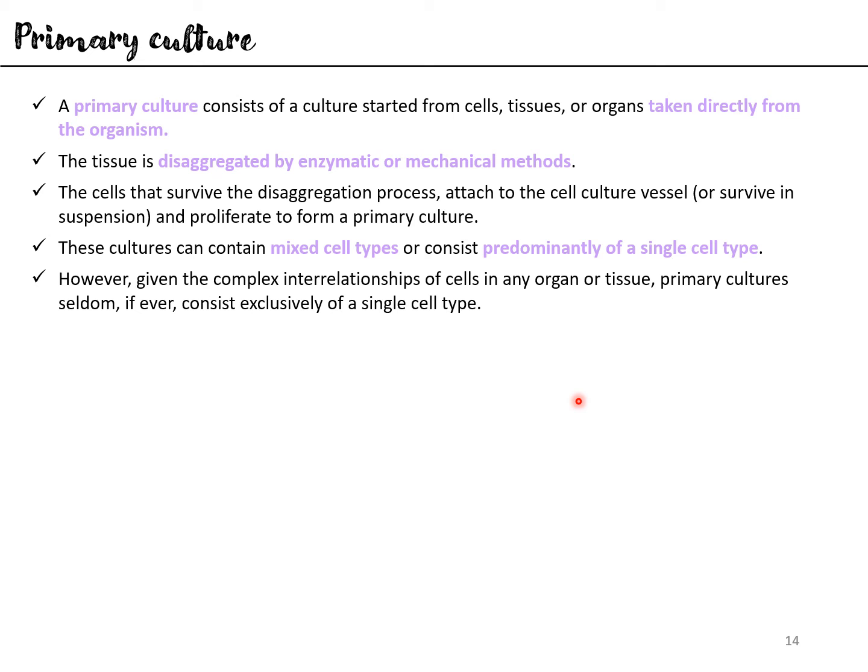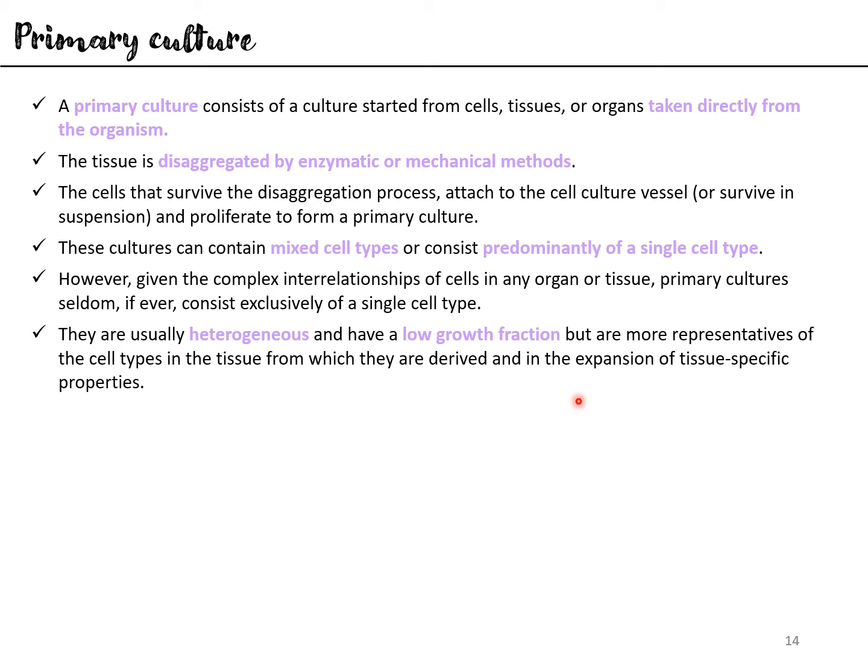It is really unlikely. They are usually heterogeneous and have a low growth fraction, but are more representative of the cell types in the tissue from which they are derived and in the expansion of tissue specific properties.